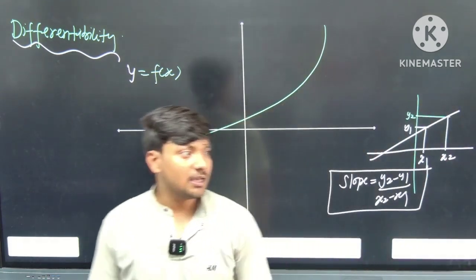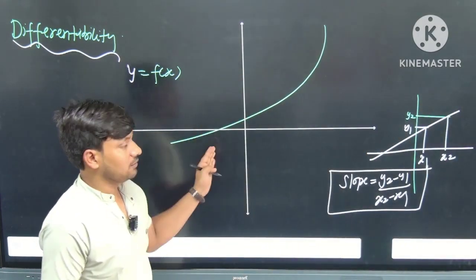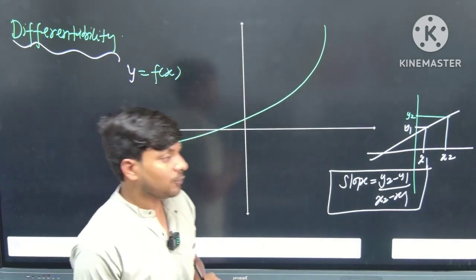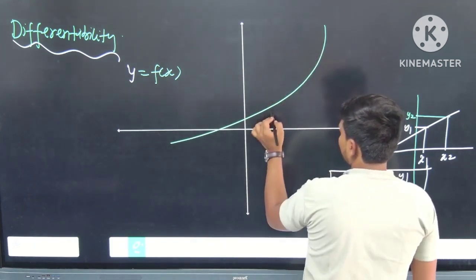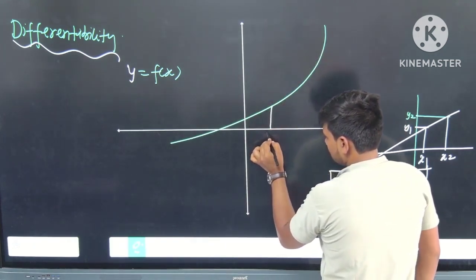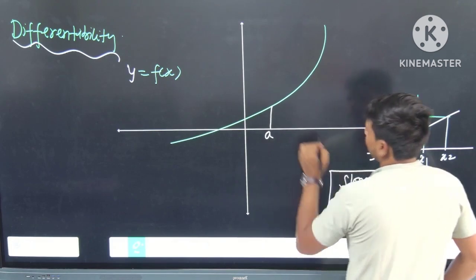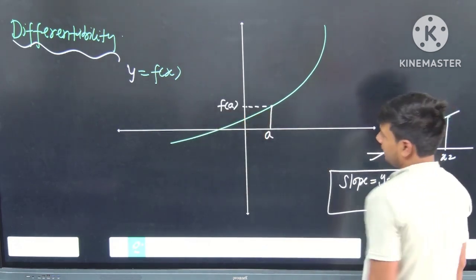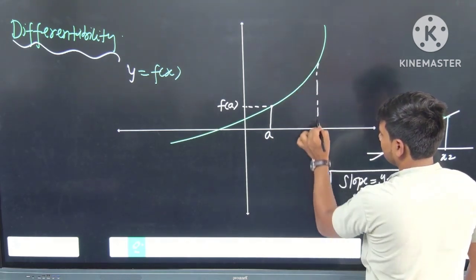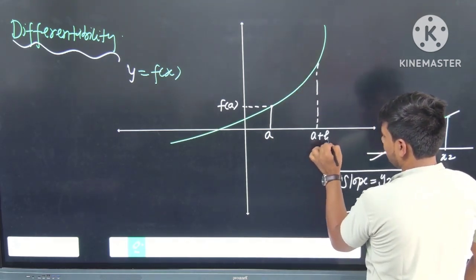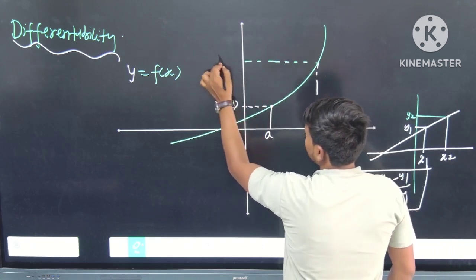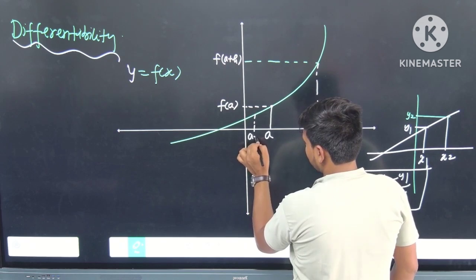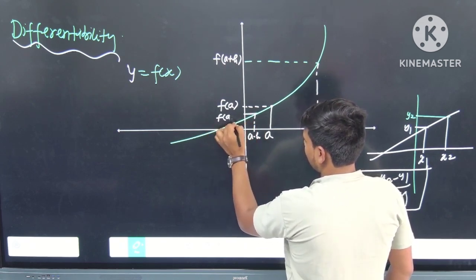Here we want to find the slope of this curve, but this is not a straight line, it is a curve. Suppose this is point A, then this will be f(a), the function's value at A. Suppose this is point a plus h, then this will give f(a plus h). And if we take a minus h, then this is f(a minus h).